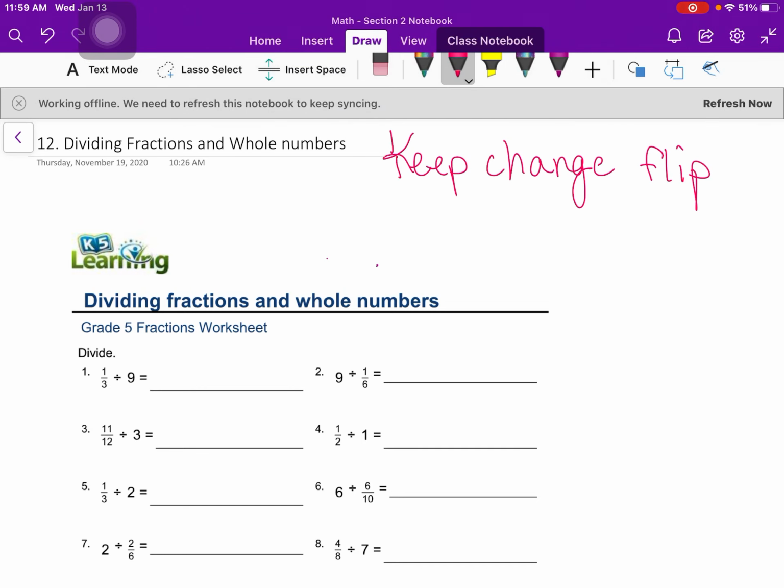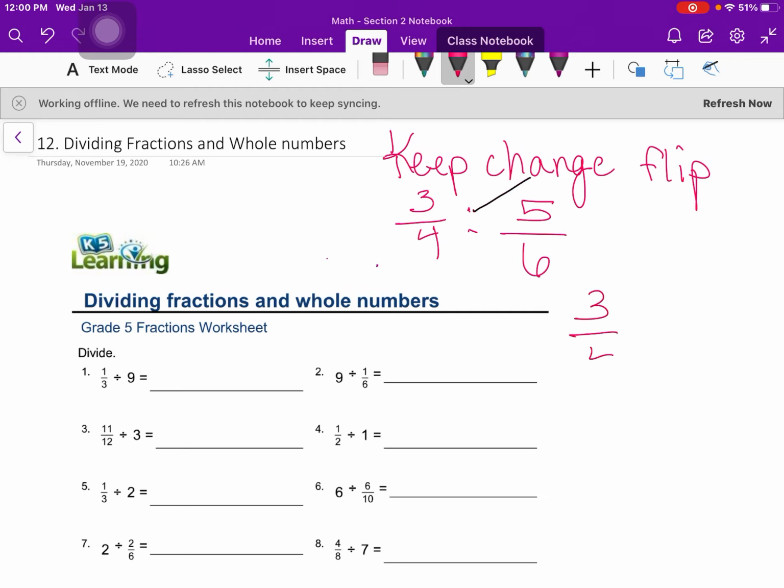what we're looking to do is, if we had the fraction 3/4 divided by 5/6, I would keep the 3/4.